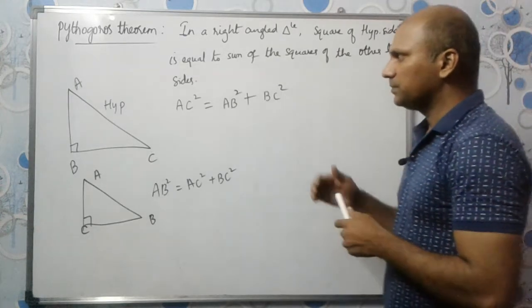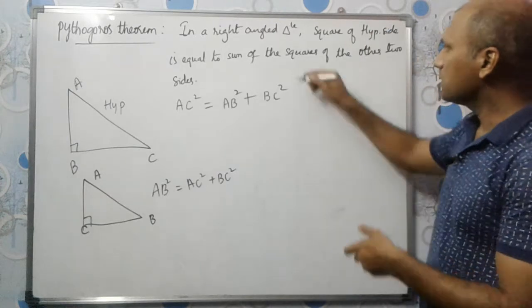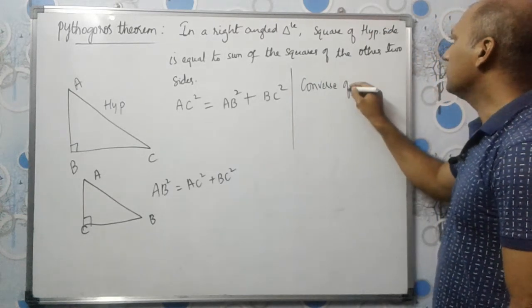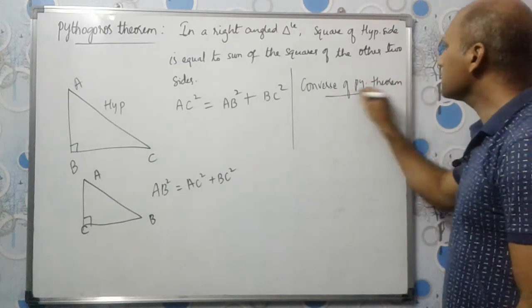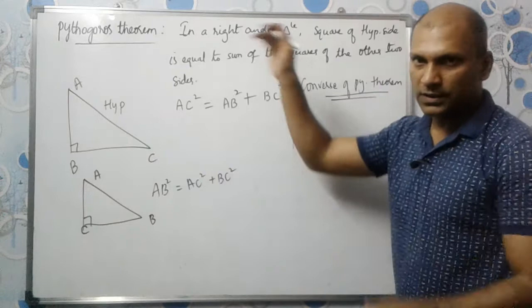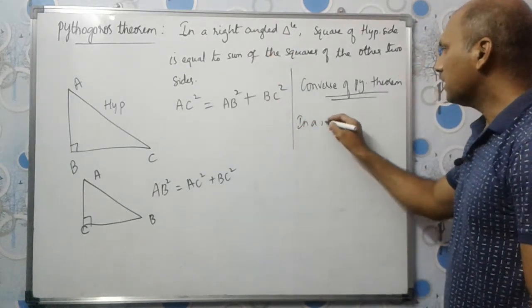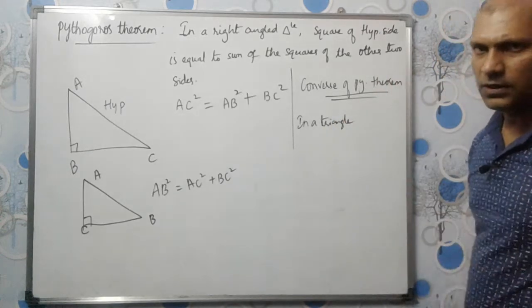Now see, what is the converse of Pythagoras theorem? Converse means what? The opposite, the reverse. So in a triangle, we don't know whether it is a right angle triangle or not, any triangle.